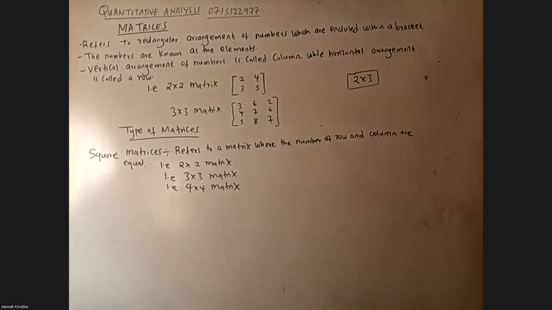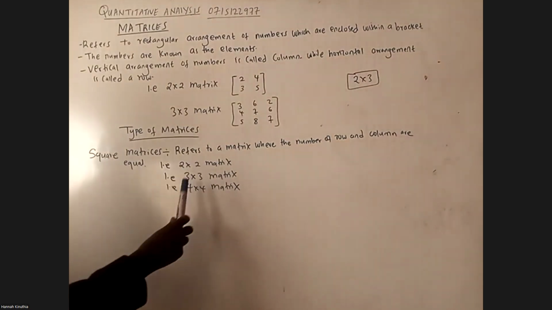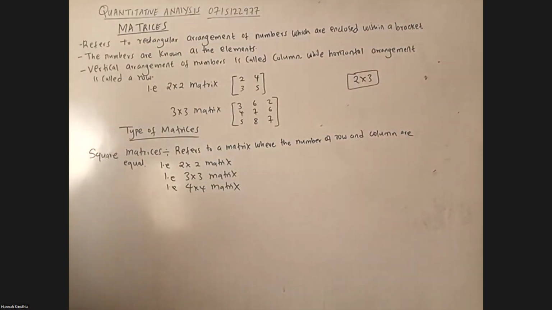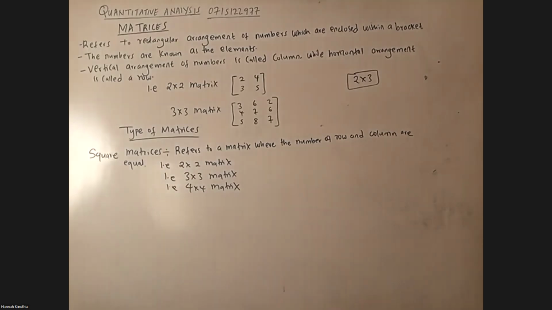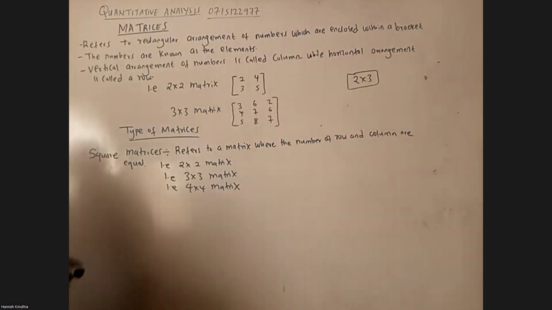Why is it not a square matrix? Because the number of rows and columns are not equal. But where we have 2 by 2, 3 by 3, 4 by 4, then that one automatically becomes a square matrix. Okay. Diagonal matrix.